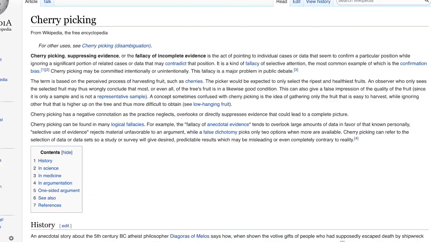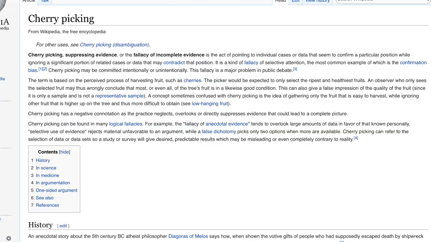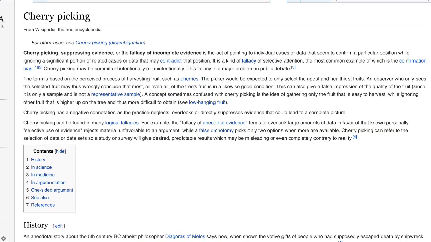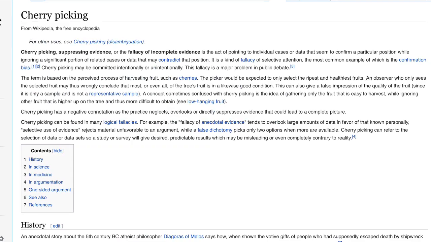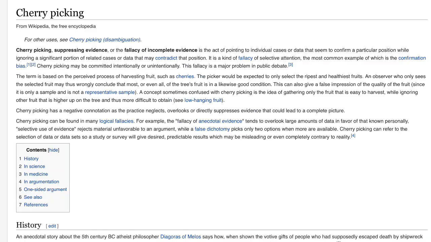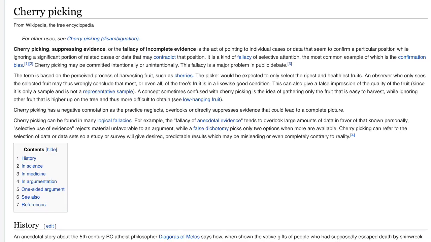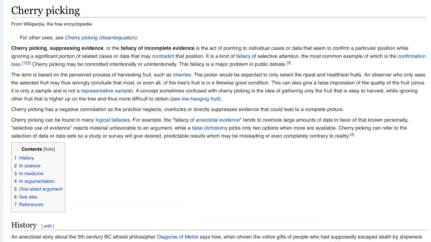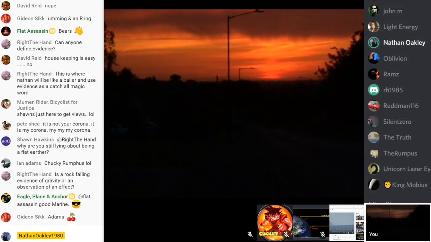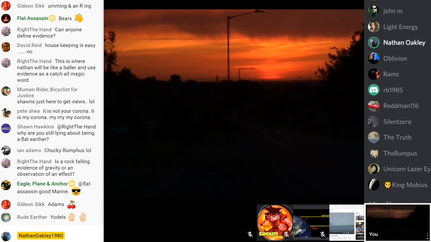It is a kind of fallacy of selective attention, the most common example of which is confirmation bias. Cherry picking may be committed intentionally or unintentionally. This fallacy is a major problem in public debate. That's called cherry picking. Sorry, let's just clarify this. It's called the Texas sharpshooter fallacy.